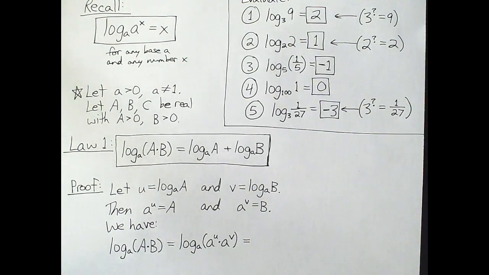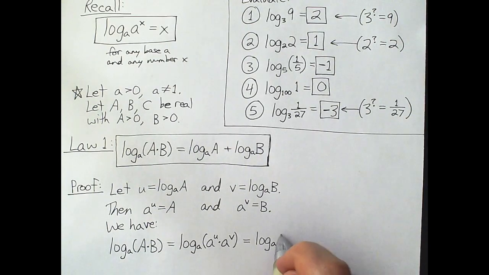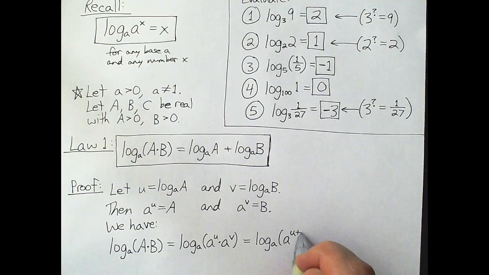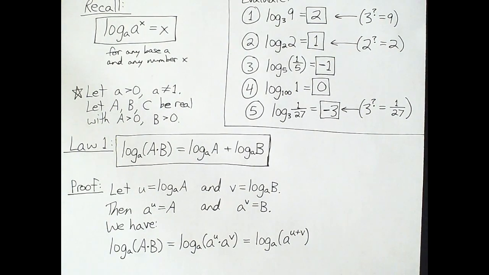The reason why we might do that is because now inside the parentheses we have a to the u times a to the v, and there's a property of exponents, remember, that says we can add those two exponents and make this just a to the u plus v, which looks a little bit simpler.